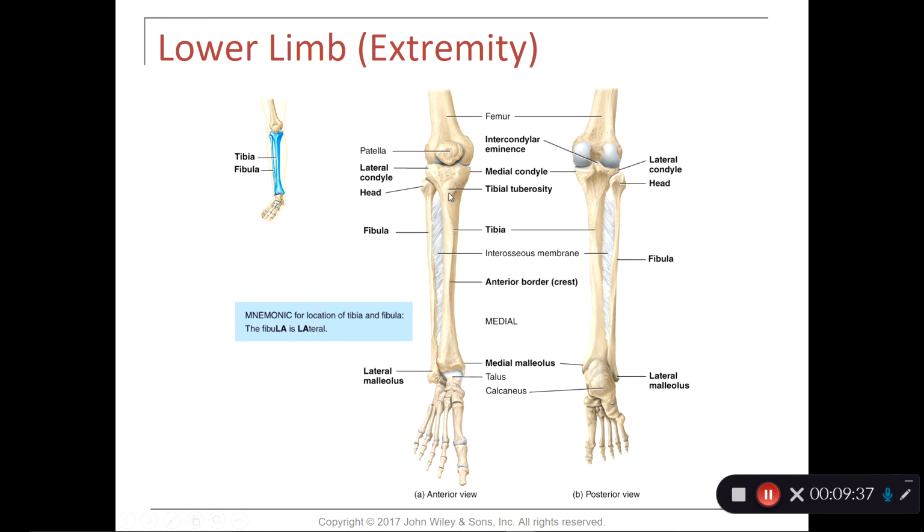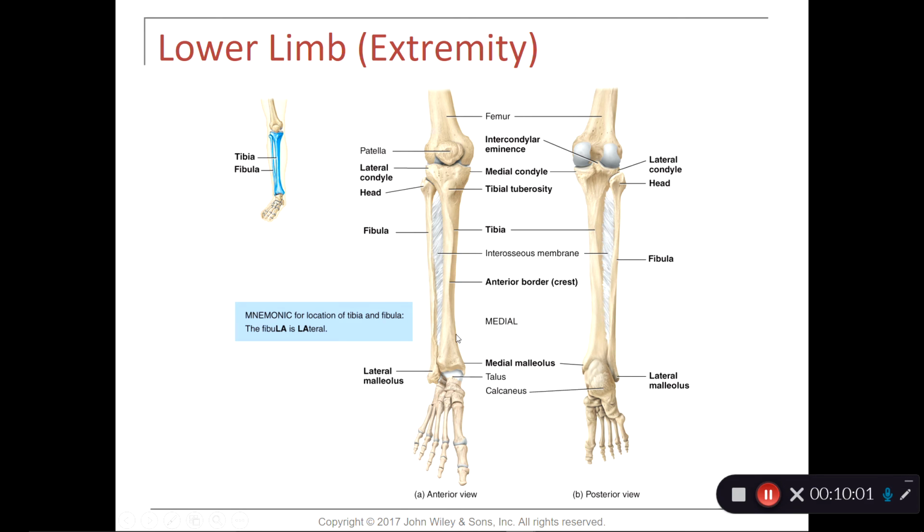You do have an important marking right here that you can actually feel pretty easily. If you feel the more proximal end of that tibia, there is that lump, the tibial tuberosity. That region accepts a lot of important strong muscles.